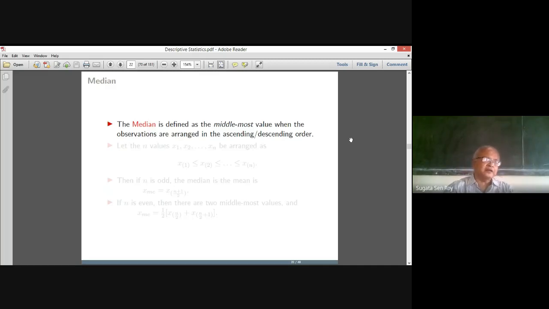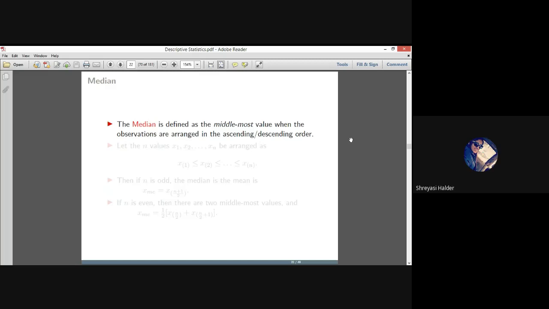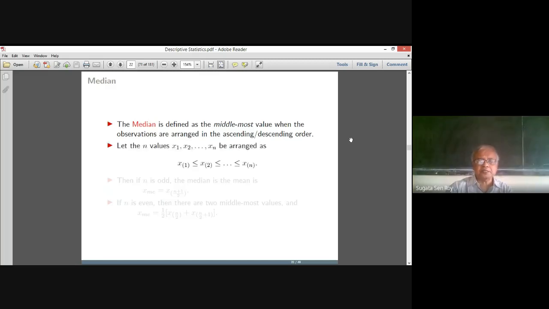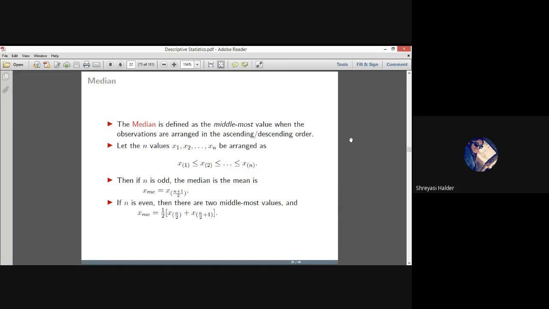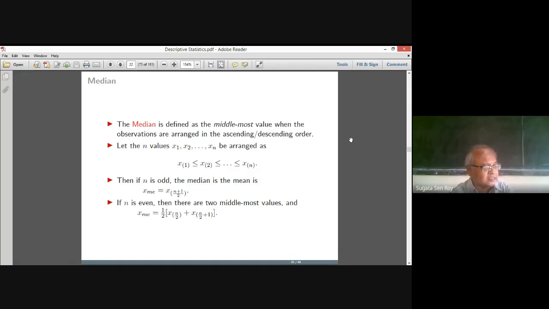If there are 100 numbers, you look at the 50th number or the 51st number, and this gives you the median. So you arrange the numbers in order, and then you take the middlemost of these numbers. This is the mathematical definition of it. Median is the middlemost value, once this has been arranged.